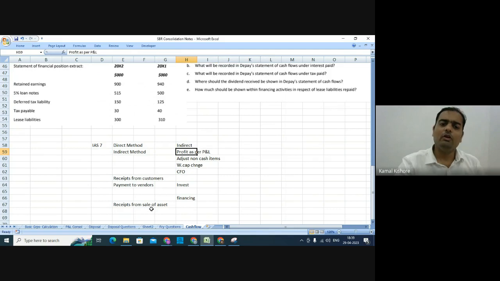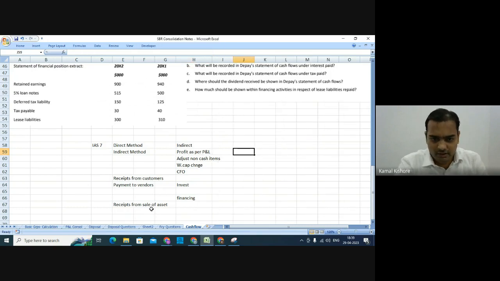What we do here is take profit as per P&L. We assume that the entire P&L is on cash basis. That is why we are starting with profit as per P&L. Then you adjust for the non-cash items like depreciation. And then you look at the balance sheet, period on period: previous year, current year.